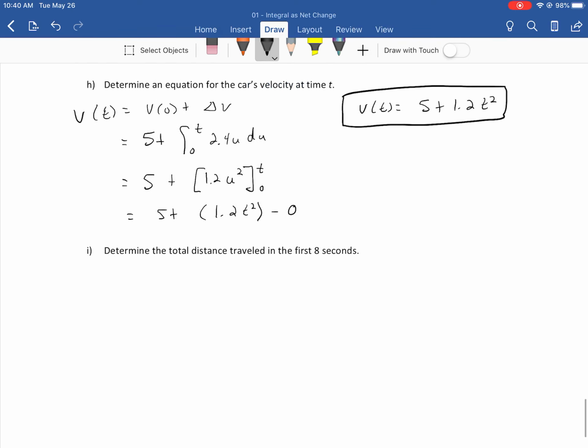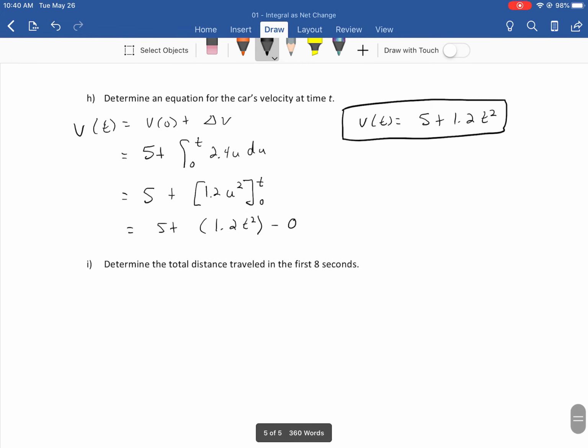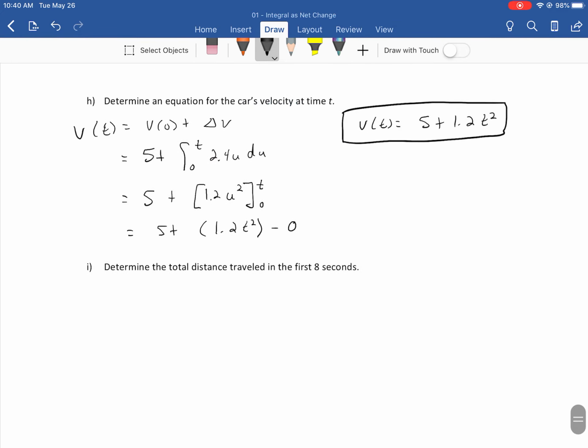Final question, determine the total distance traveled for the first 8 seconds. If we want the total distance traveled, let's first find the delta D, how much the displacement has changed. And to do that, we want the integral from 0 to 8 of the velocity.